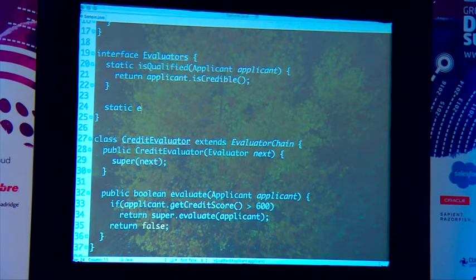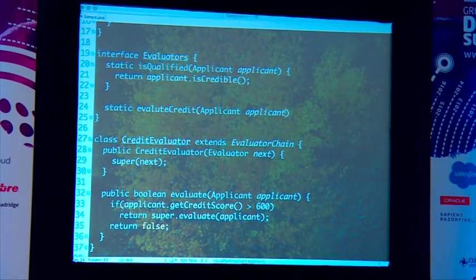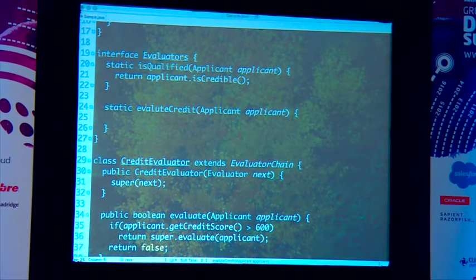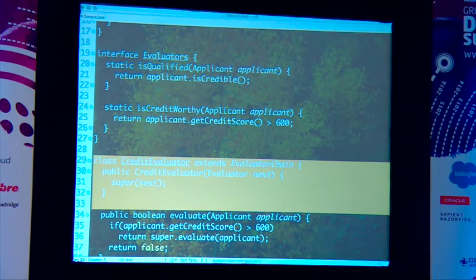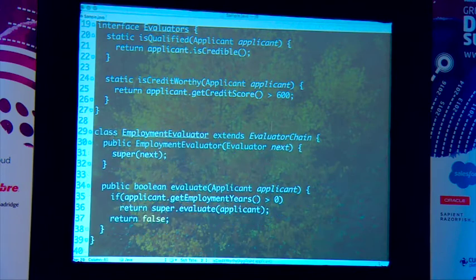So evaluate credit. Given an applicant, let's call this something a little different. isCreditWorthy, how about that? Then I'm going to say return applicant.getCreditScore greater than 600. That means we converted this class into a method.